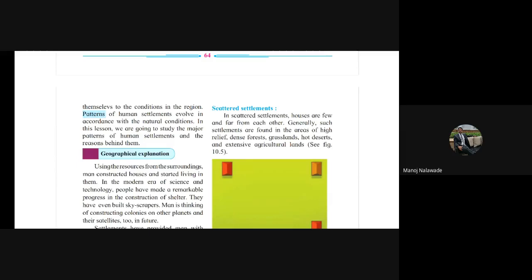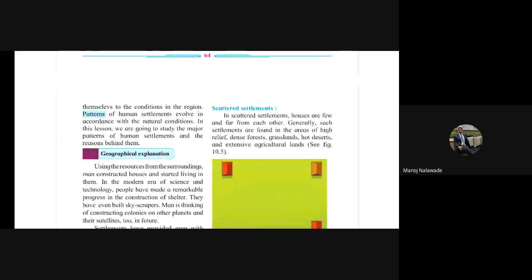Patterns of human settlements evolved in accordance with the natural conditions. There are some natural conditions, whether it is climatic condition or the physiography of that region. These are natural conditions, so human settlements evolve according to that.